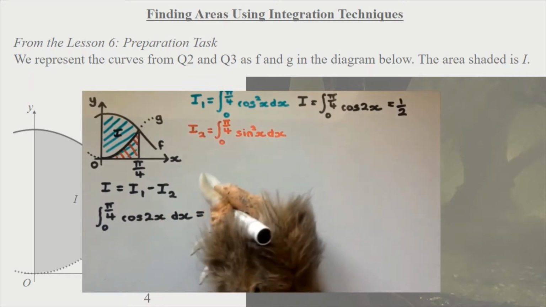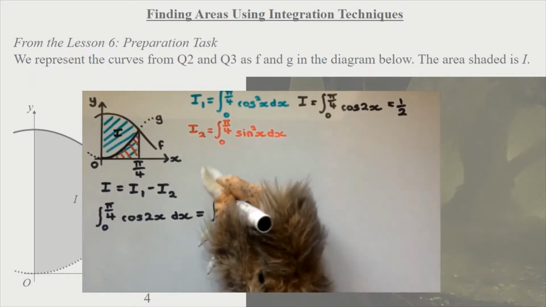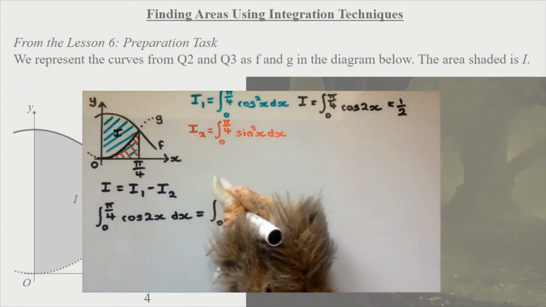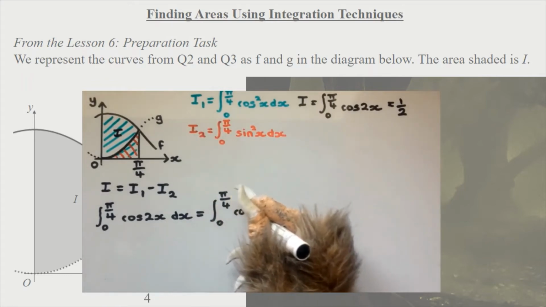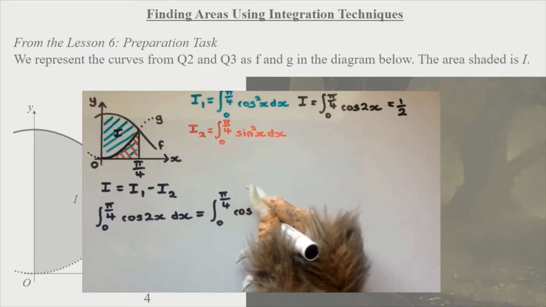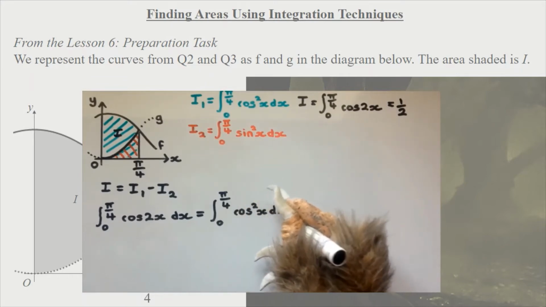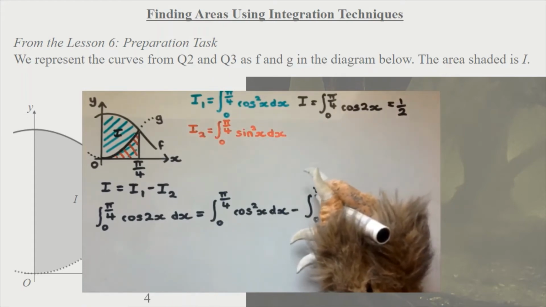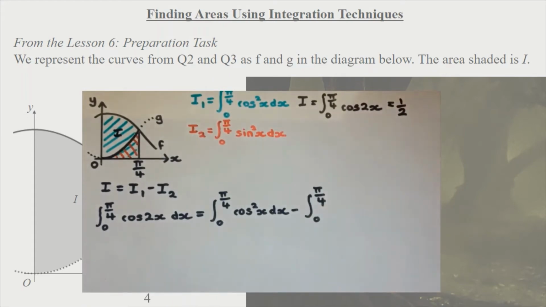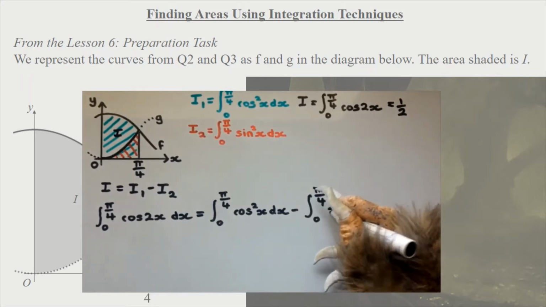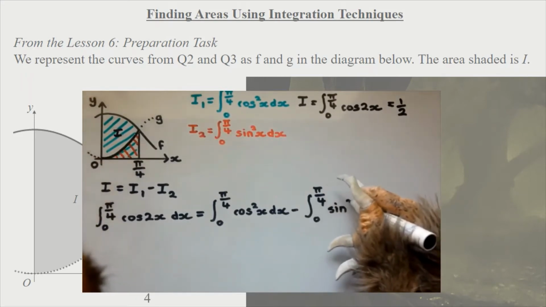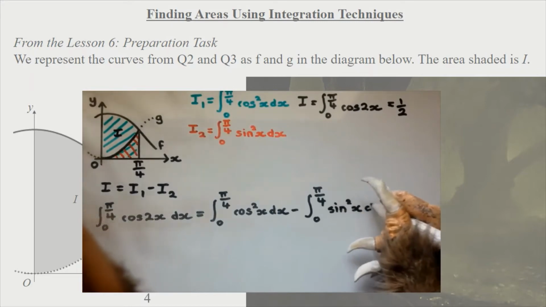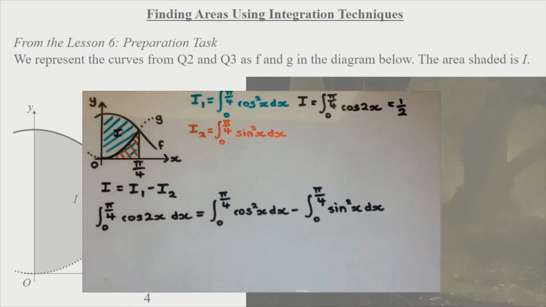We now know that is equal to the integral from 0 to pi over 4 of cos squared x dx. That's your I1. Subtract the integral from 0 to pi over 4 of sine squared x, which is your I2. But why is this the case? Is this just a coincidence? Does this just happen to equal a half, and so does this?